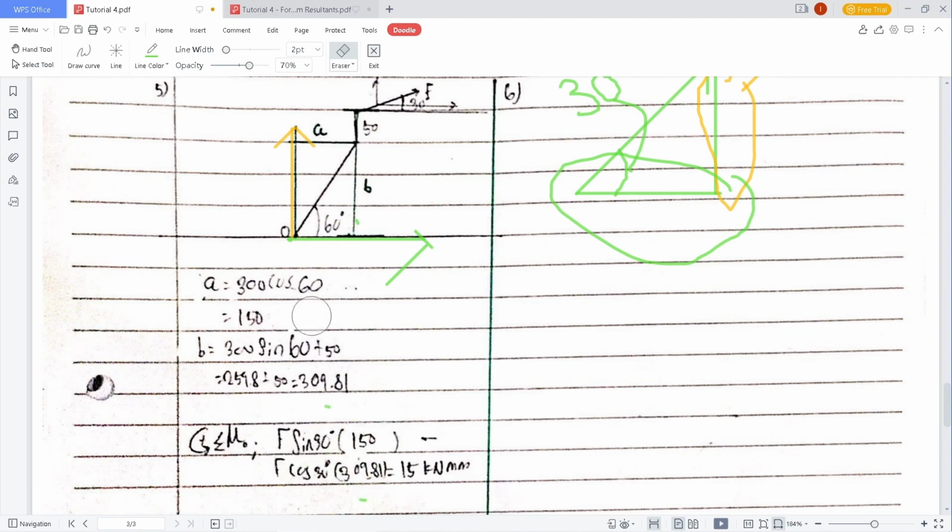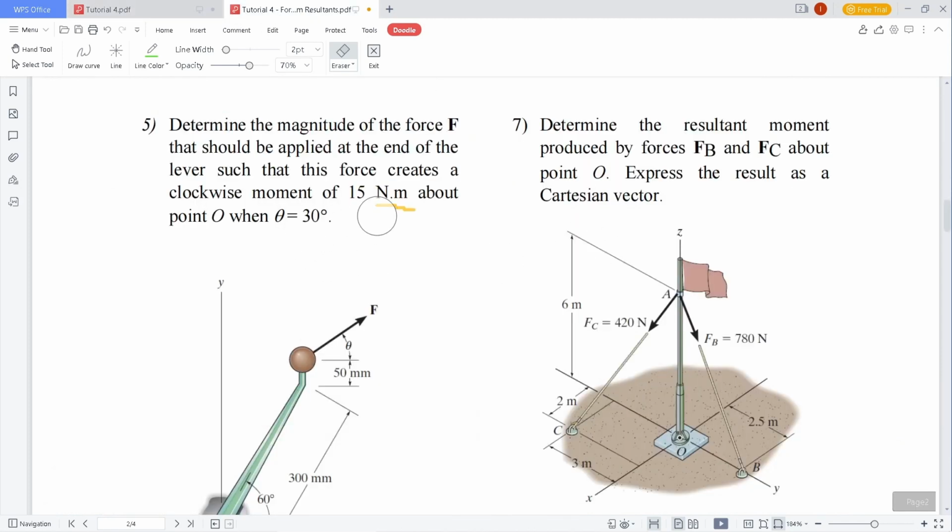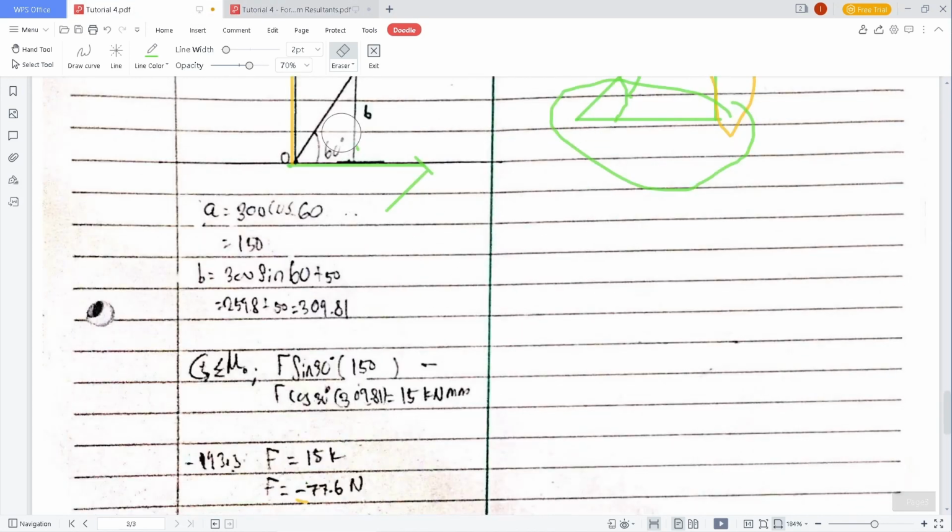So you already have the two components of force. But now you need to compute the perpendicular distance, because the question gives us 15 Newton meter of resultant moment. So we're going to use the equation of moment. In that equation, you need to know the perpendicular distance. You know the force, so that is halfway done.